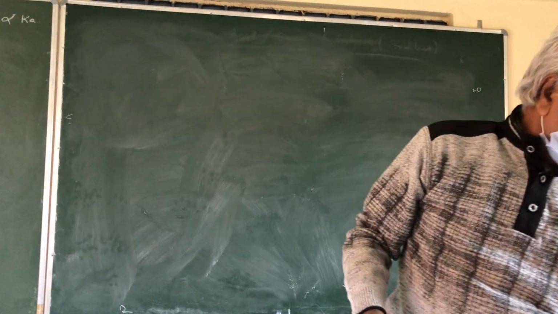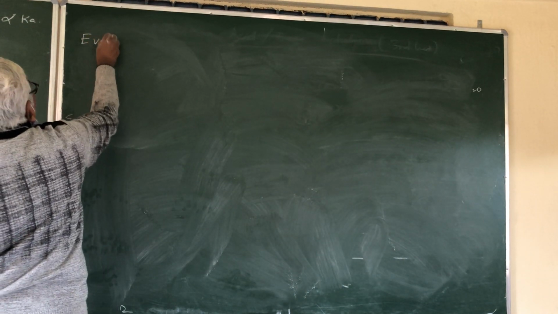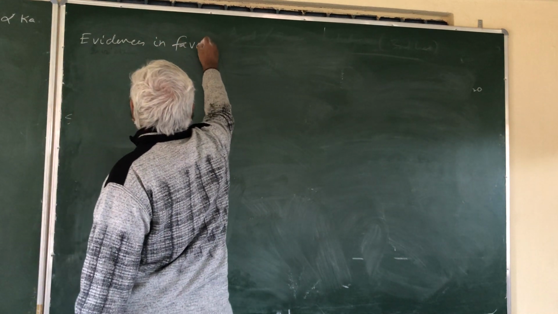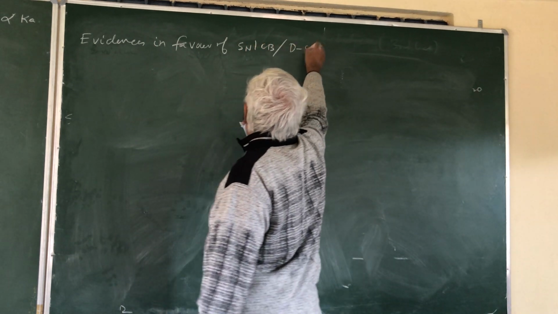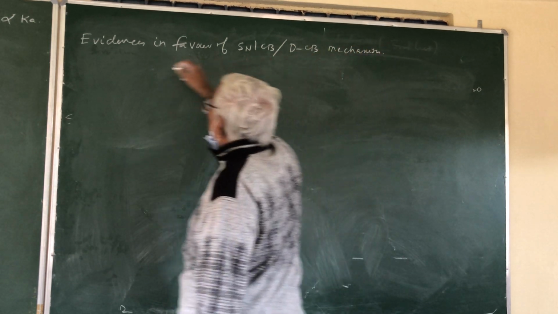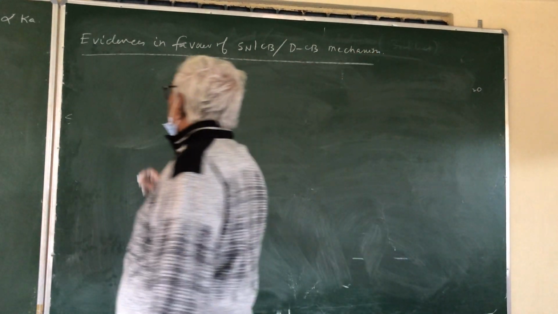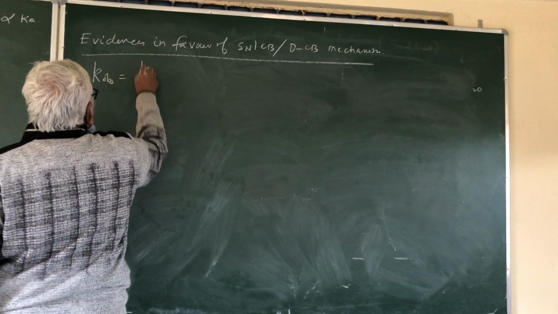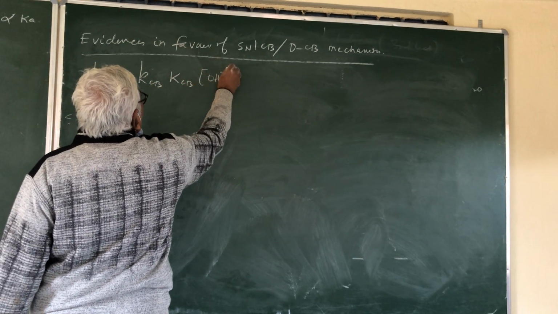The last unit is evidences in favor of the SN1CB mechanism. If you look at the rate law, K observed is equal to KCB into KCB hydroxide proton.